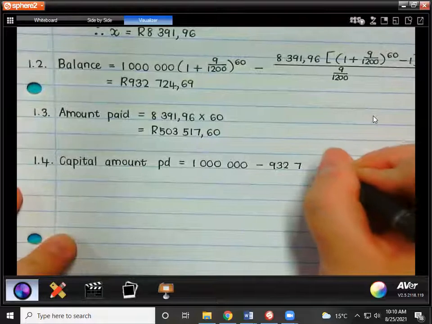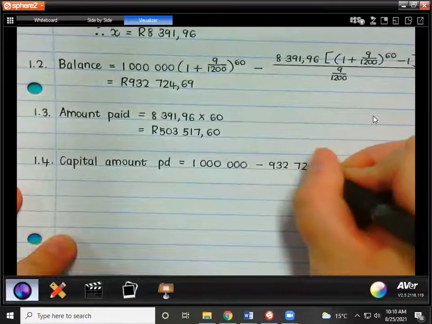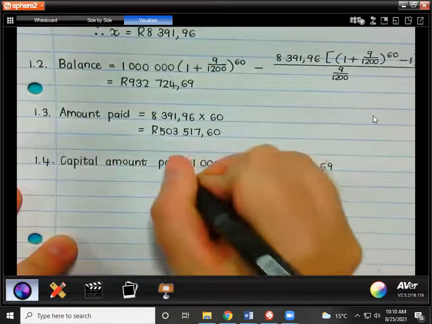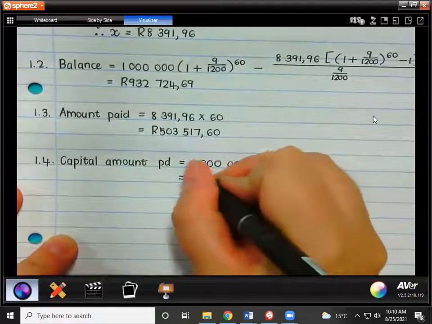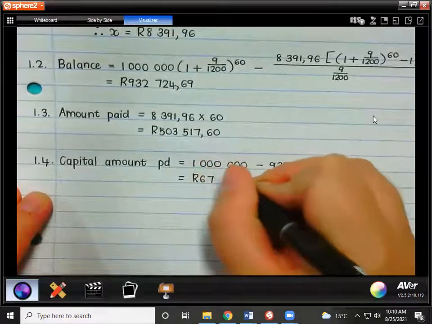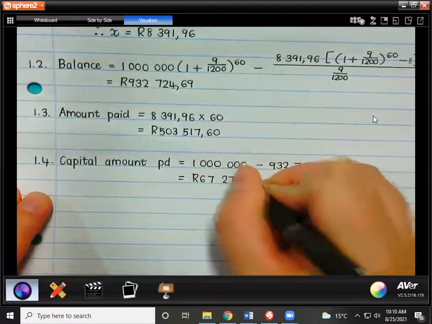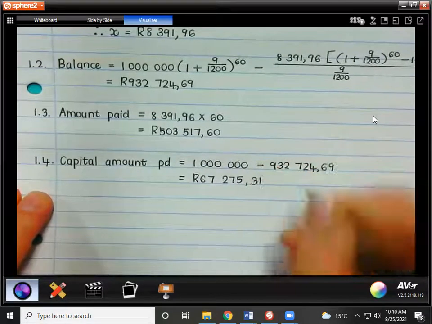But we can look at that. All right, so the capital amount paid is 67,275 Rand and 31 cents.